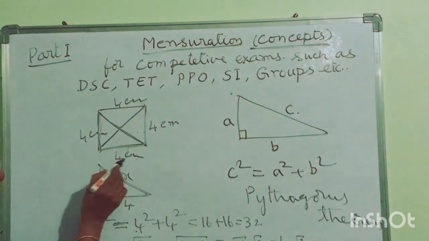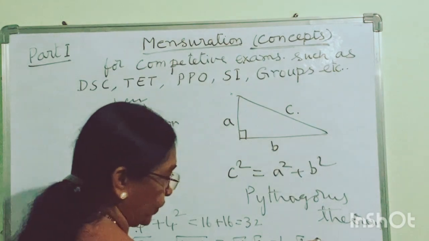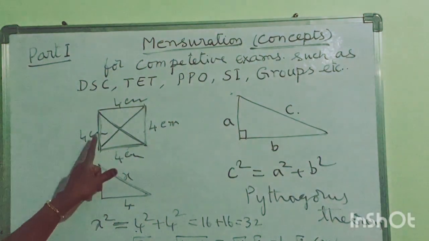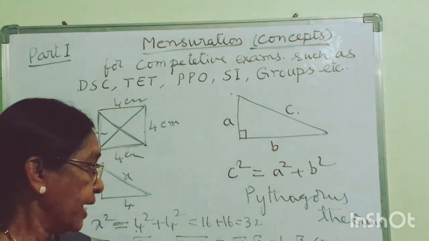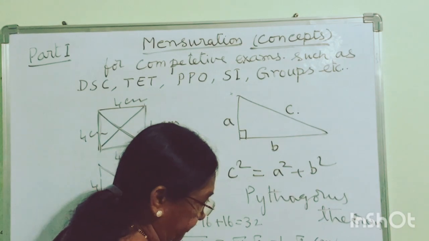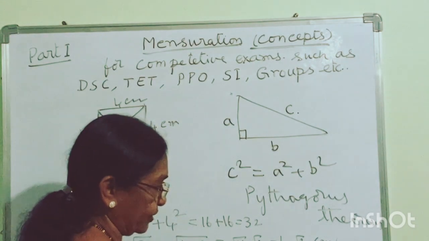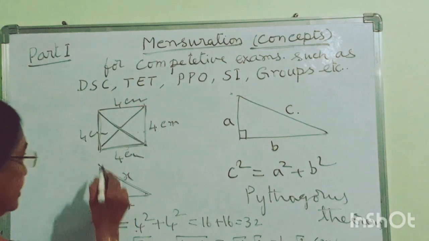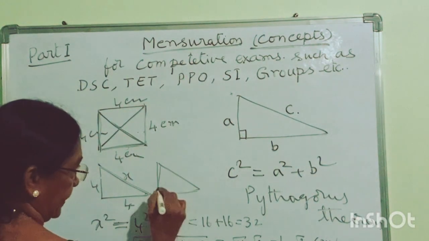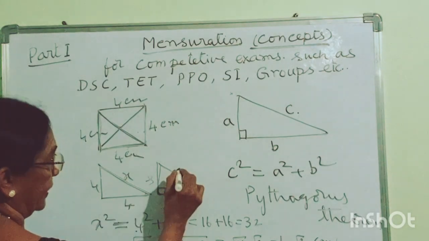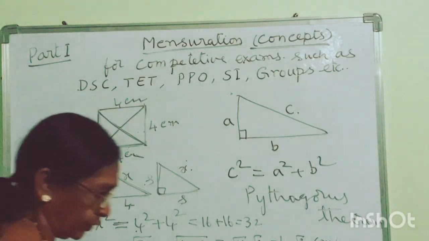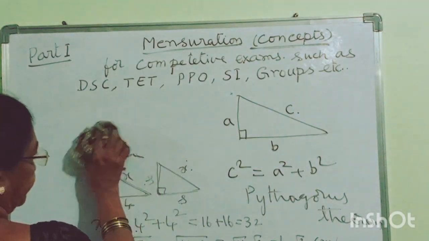As the sides are in centimeters, the diagonal is also in centimeters. Therefore, the diagonal of a square is 4 root 2, which means root 2 into side. Root 2 into s, where s is 4. Suppose we write it in terms of s and x. x square is equal to s square plus s square, which is equal to 2s square.